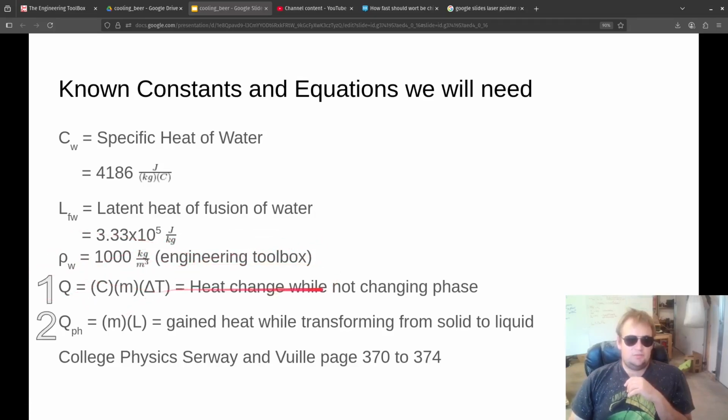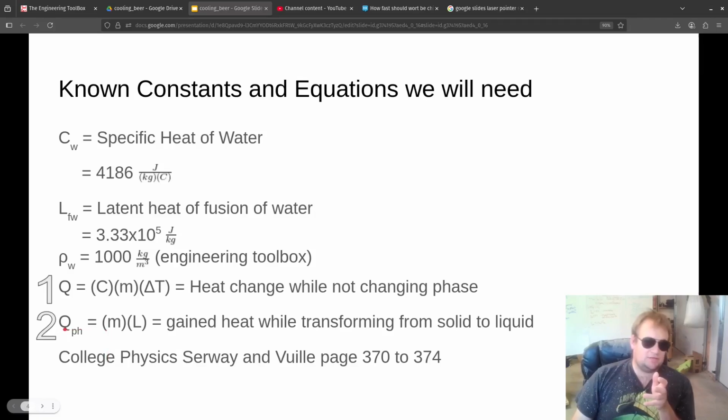The equations we will use: Q equals C, as in the specific heat, times M, as in mass, times delta T, as in the change in temperature. This is the heat change of a body while it's not changing phase.